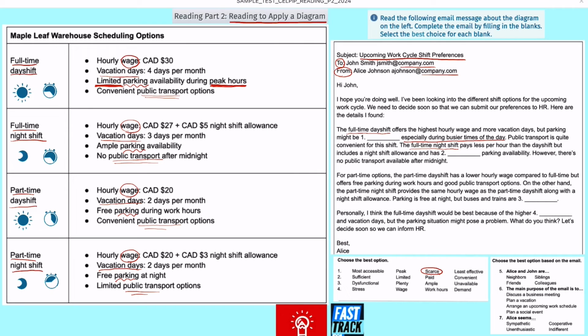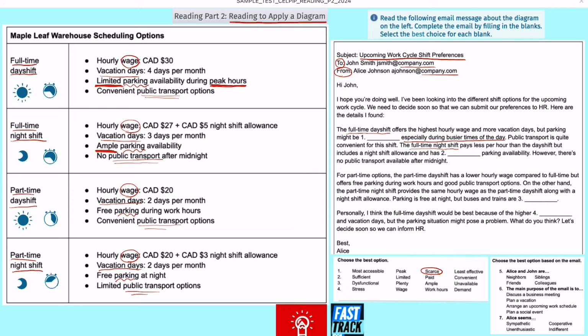So the base pay is being compared, right? But includes a night shift allowance, that's been mentioned, that's the $5, and has blank parking availability. Now, in this case, we have no transport, right? So that's for transportation, but then we have ample parking availability.